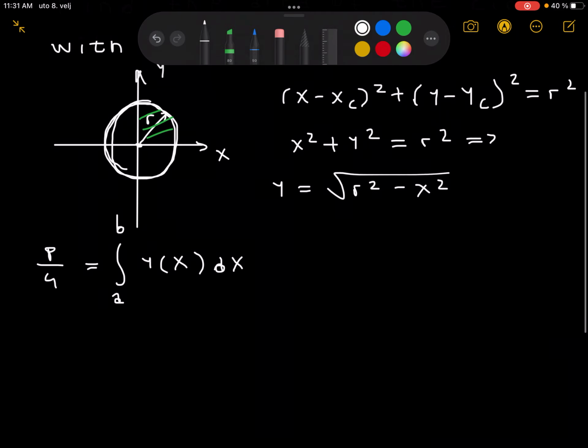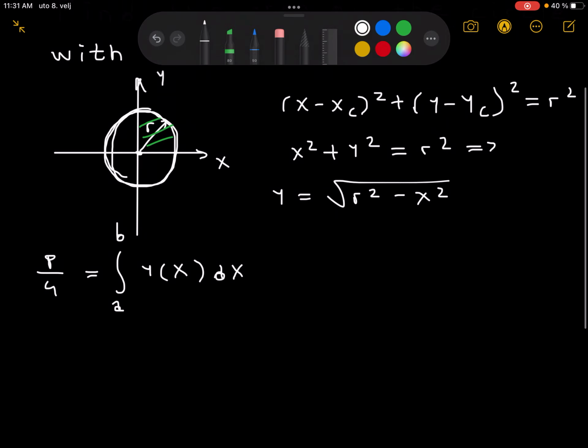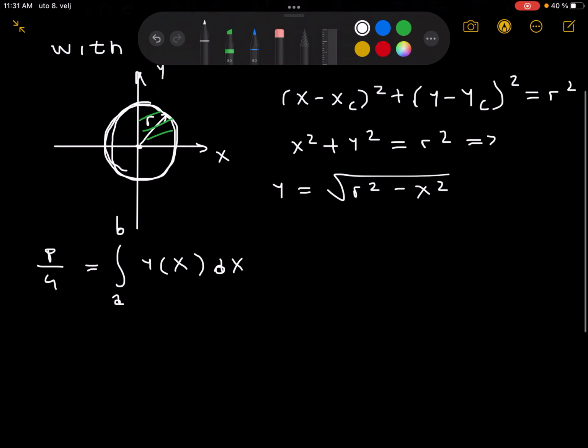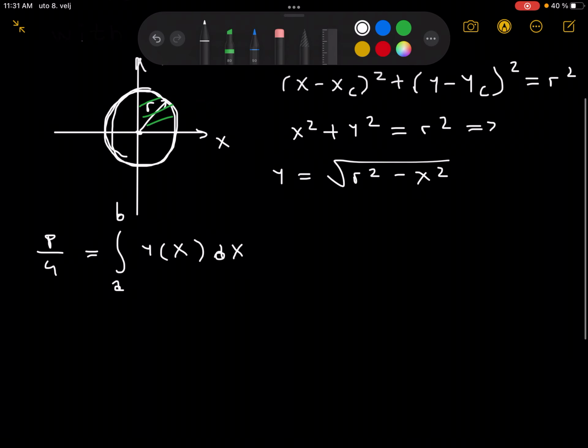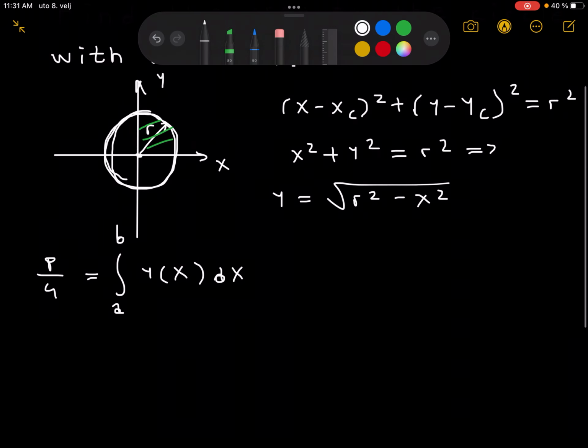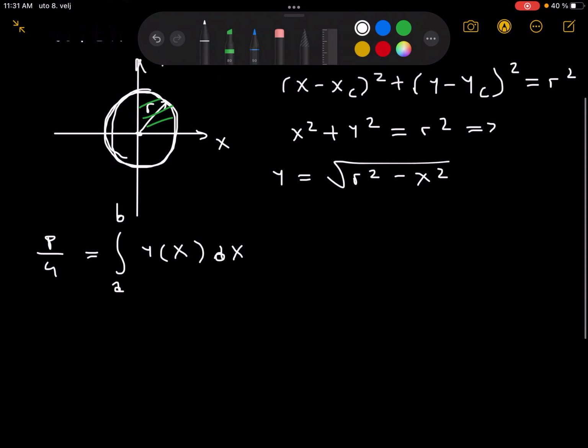So we have to make y equal to 0. Okay? So our limits of integration are going to be, so x squared is equal to r squared.